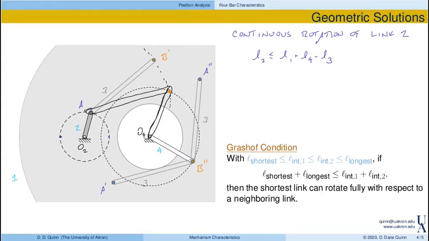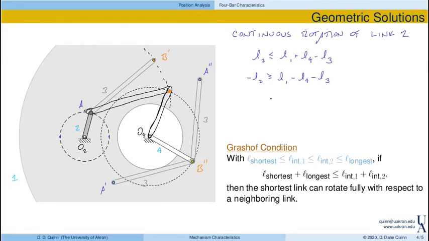Now if I look at the point on the left side, that means that minus L2 has to be greater than or equal to L1, all the way over here, minus L4, so that would be link 4 stretched to the left, minus L3. So these are our two conditions.